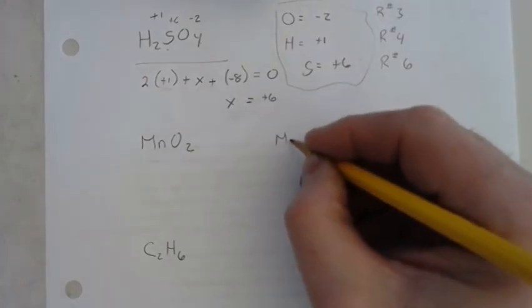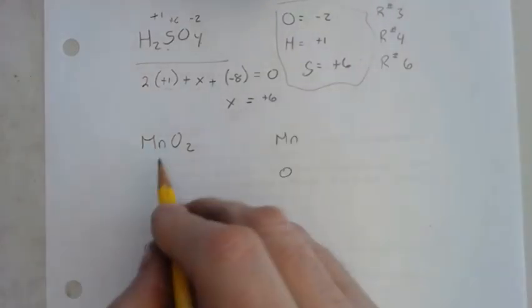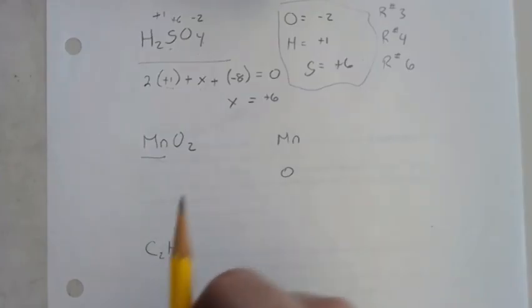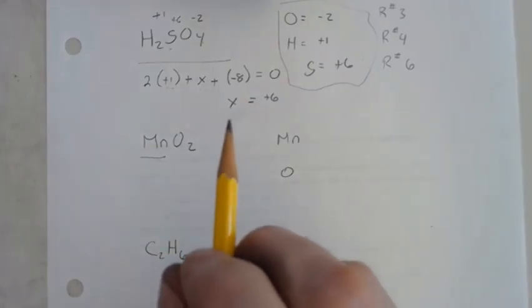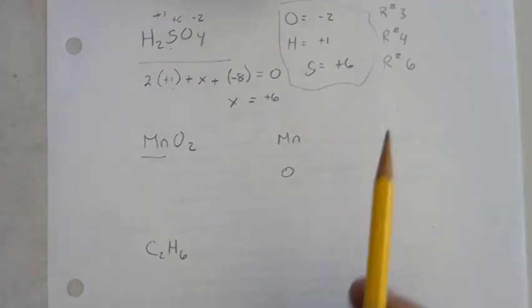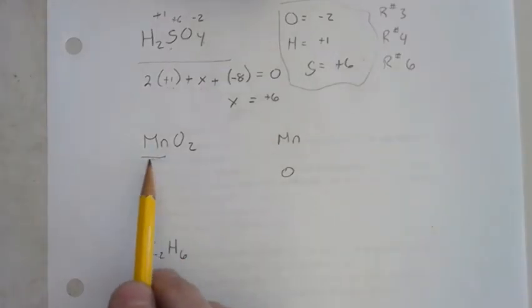All right. Down here, the manganese and the oxygen, well, this is an ionic compound because manganese is a metal. And therefore rule number 2 applies, which basically states that the oxidation numbers are going to be equal to the ionic charge of the ions in an ionic compound. So we don't know what manganese is since it's not in columns 1, 2, or 13.